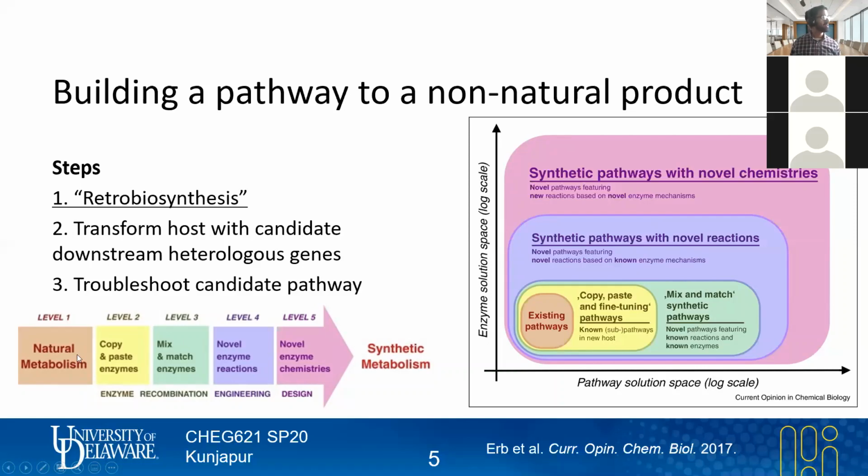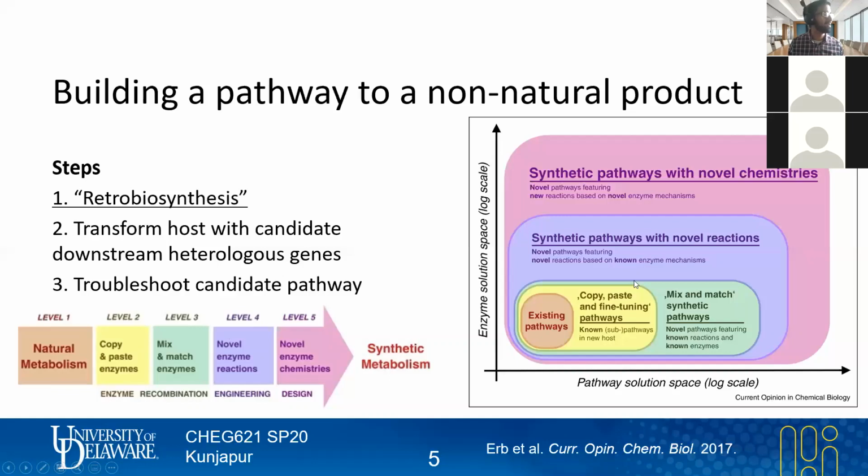So the way to also think about the relationship between all these different kinds of metabolic engineering is this sort of hierarchical framework, different levels that were described in this review, of going from natural metabolism to a synthetic metabolism.